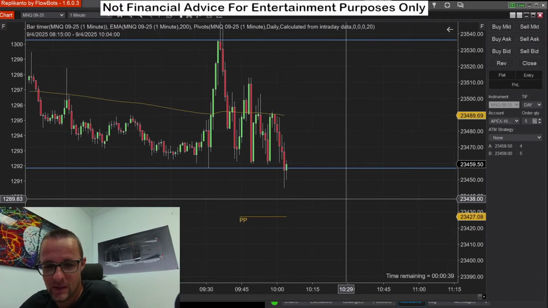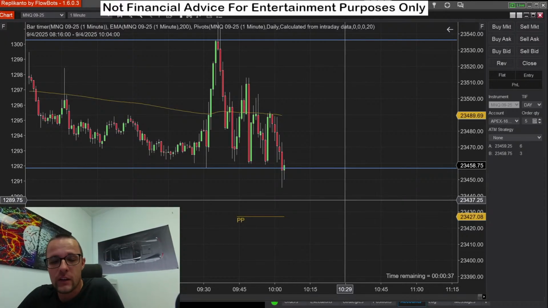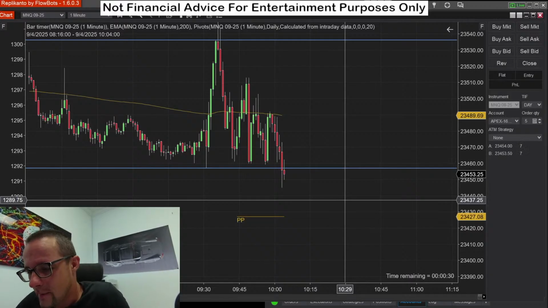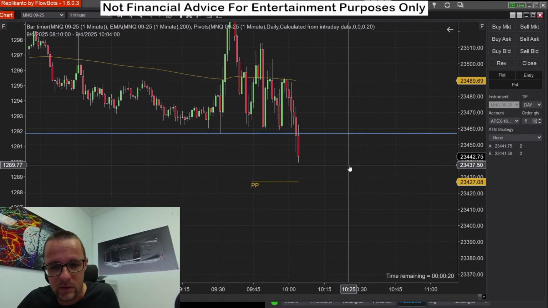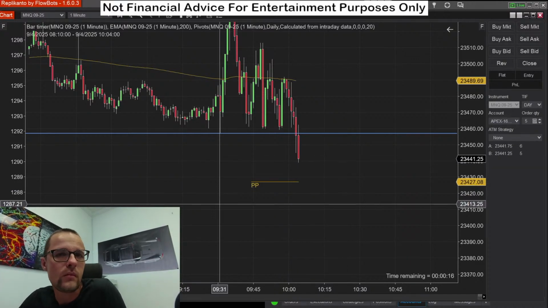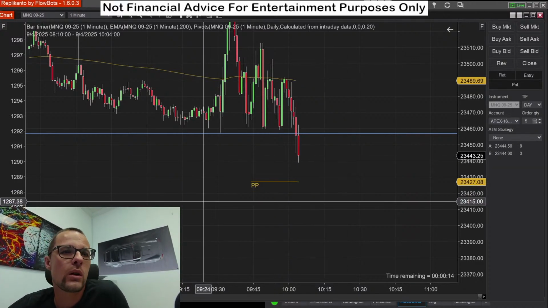Let's see if we get a setup. I have to wait for price to confirm that it's going to want to start going up, maybe leaving behind some form of a bullish gap to go off of. We're still dropping. We have a pivot point down there, and then some more lows down at like the 431 area.